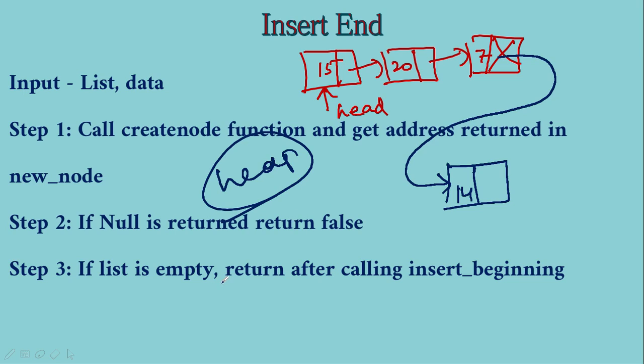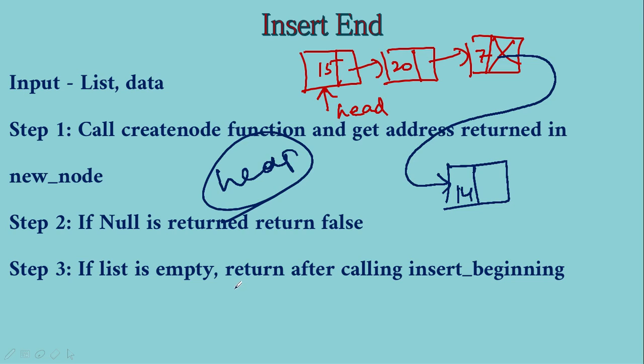In the next step, we are going to check whether the list is empty, because this is a special case that we have to consider compared to the other cases. In the other cases, in general, we will have a temporary pointer pointing to the first node and then move till the last node and so on. But when the list is empty, there is no head at all, or head is null. In that case it is not possible to move and do the general thing.